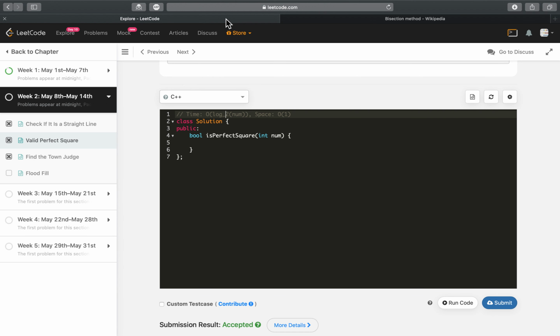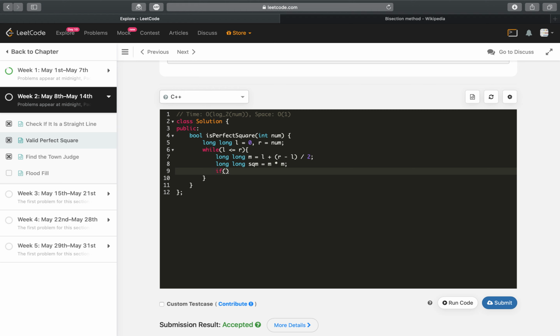Okay, and now let's see how this works. So we first set the search lower bound L equals 0 and upper bound R equals number. While L is less than or equal to R, long mid equals L plus (R minus L) divided by 2, and long square m, sqm, equals m times m.